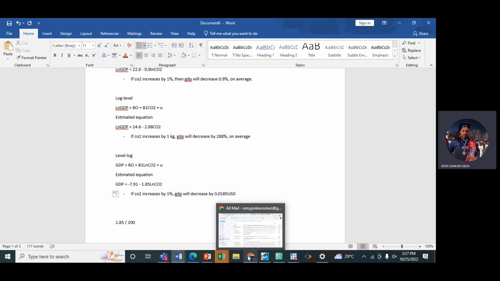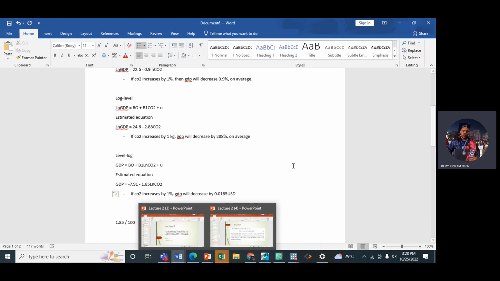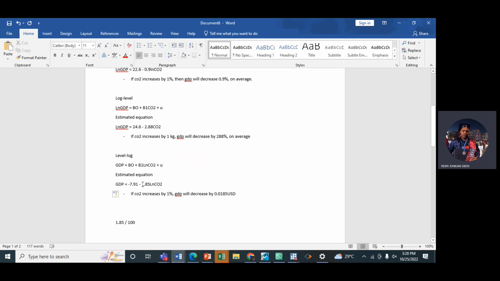Let me just calculate with my phone. Divided by 100 is 0.0185. That's correct. So you have to divide this coefficient by 100 before using it. That's fine, right?